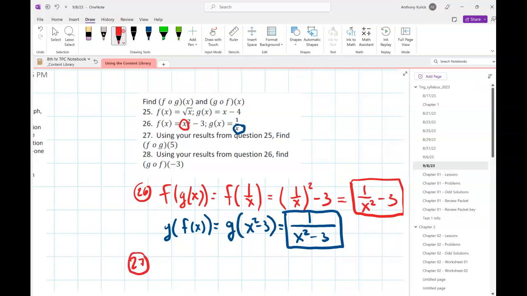27 says to do f compose g of 5. So there's kind of two ways you could do this. It says using a result from question 25, so your answer from 25 would have been this.